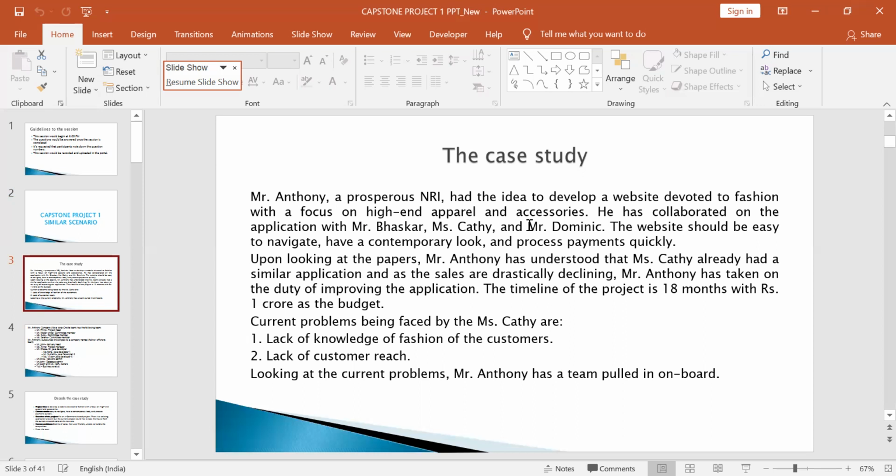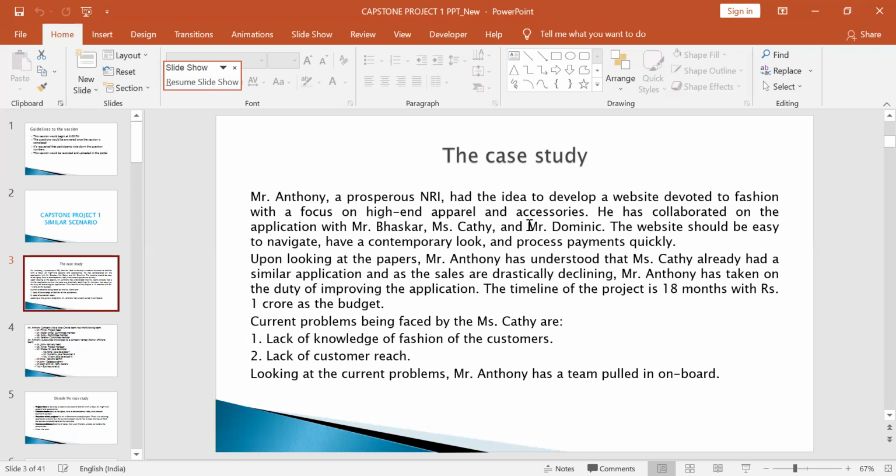Next, when Mr. Anthony started looking at this application and designing everything, he also noticed that Miss Kathy has a very similar application. However, she never spoke about it because sales were rapidly declining.